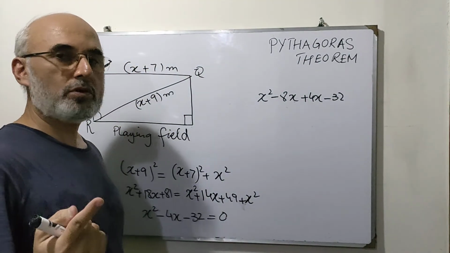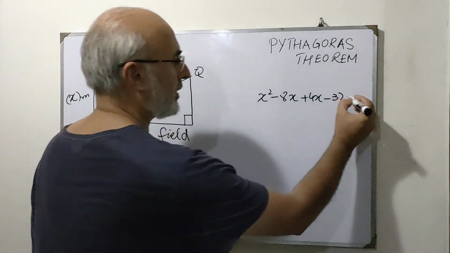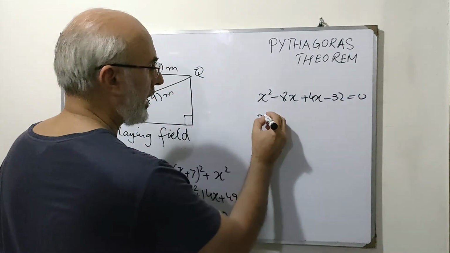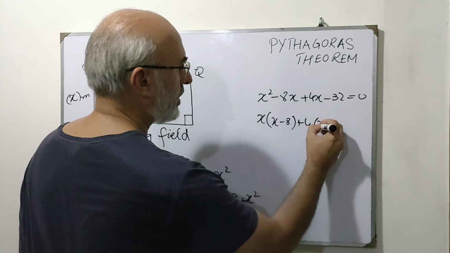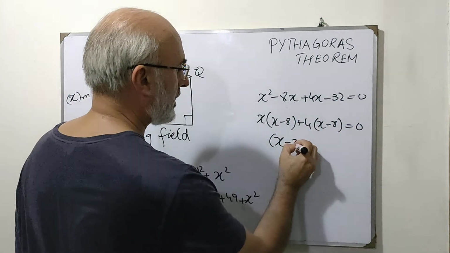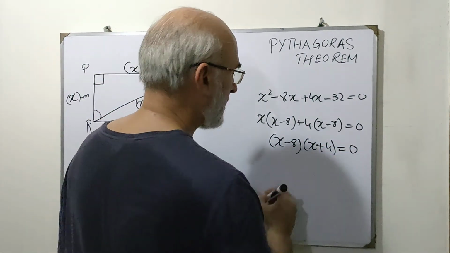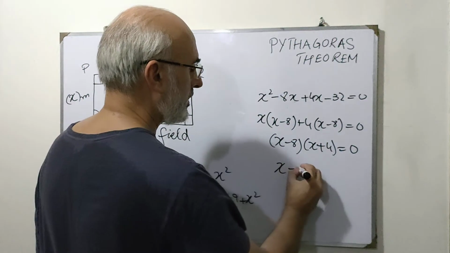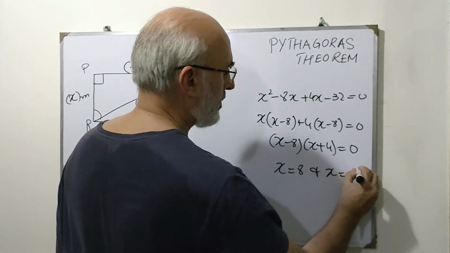Minus 8 into 4 is minus 32, minus 8 plus 4 is minus 4. Okay. So x into x minus 8 plus 4 into x minus 8 is equal to 0. So x minus 8, x plus 4 equal to 0. So x is equal to 8 and x is equal to minus 4.